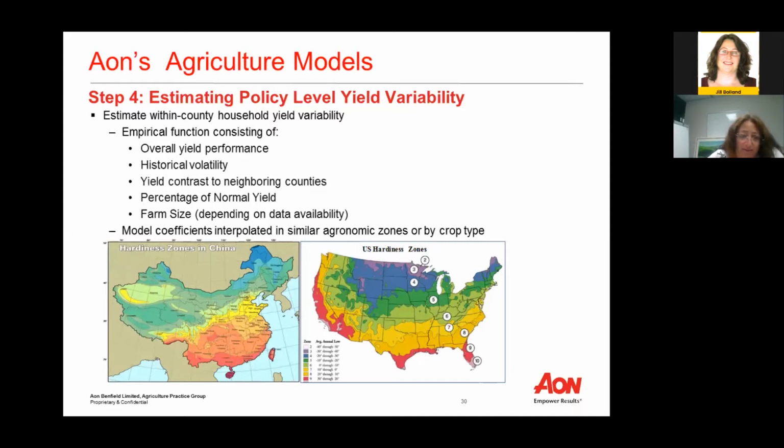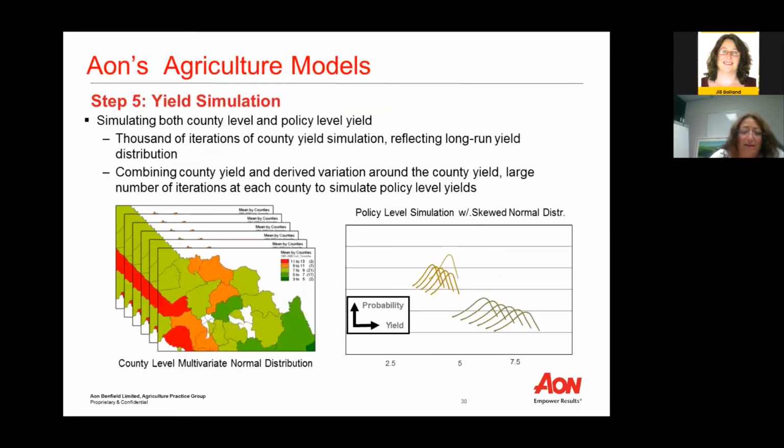Farm size is a big factor. If the farm sizes are much smaller than they are in the US, then we might want to increase the variation a bit more. And then once we've got that, we can simulate farm level yields. And that is the basis of our crop model.